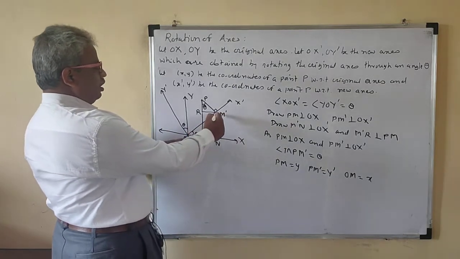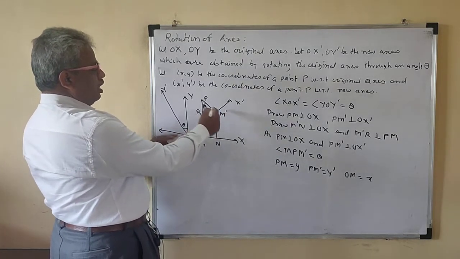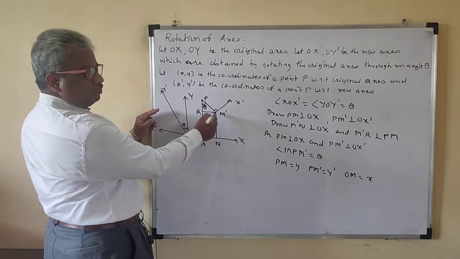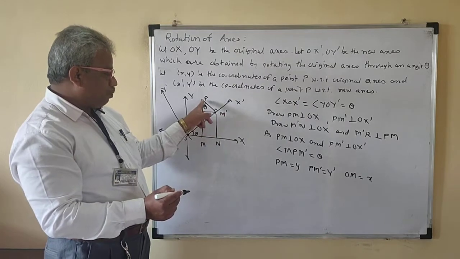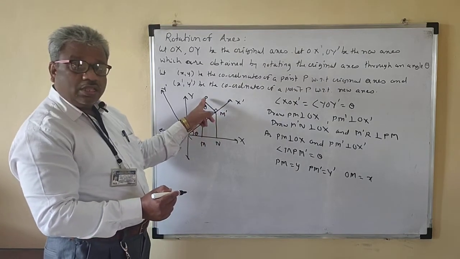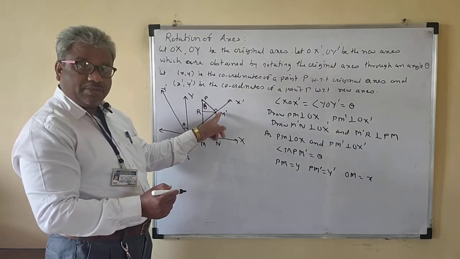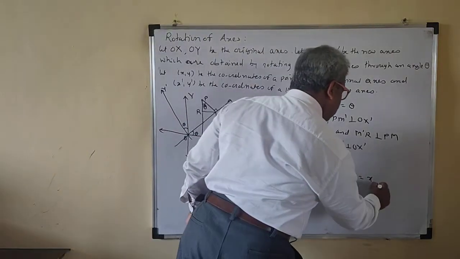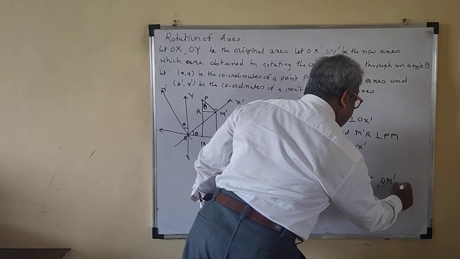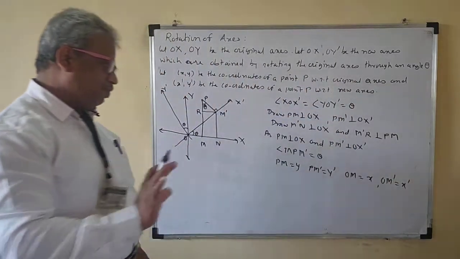This is perpendicular, which means M prime represents the new x coordinate of P. So OM prime is x prime. So we have these values.